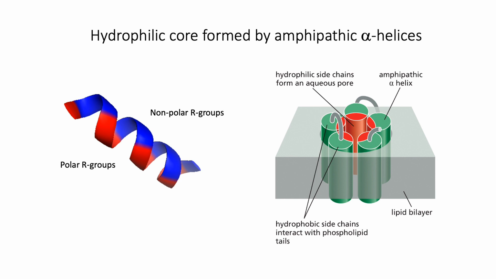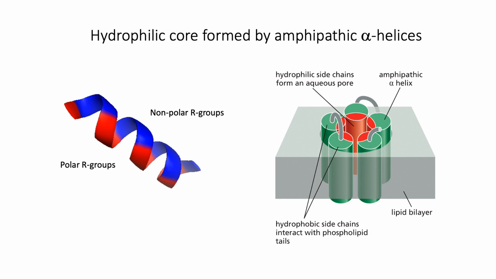And so you can imagine that as these things come together and form a circle in the membrane, these transmembrane domains, the hydrophobic side of the helix is in contact with the hydrophobic interior of the membrane, and the hydrophilic side of the amphipathic helix is facing inwards, and so that generates basically a hydrophilic or polar passageway that would allow water through and would also allow ions to pass through.